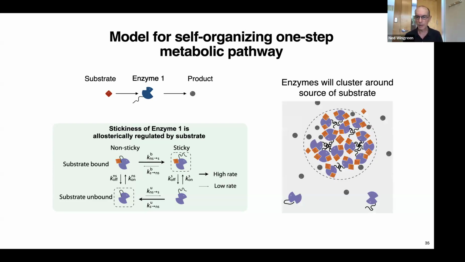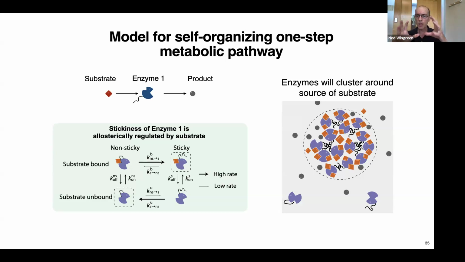And that's kind of good because, for example, if I have a source of substrate, then the enzymes nearby will allosterically be regulated to become sticky, and they'll cluster around that source. And then they'll do their thing because now their substrate is present, not just in the allosteric site, but in the catalytic site. Product is being made.